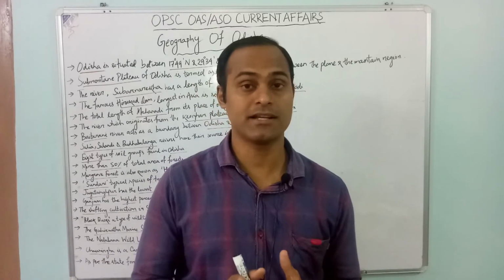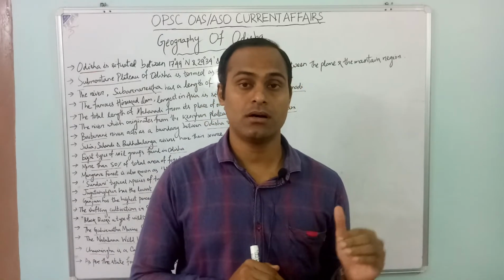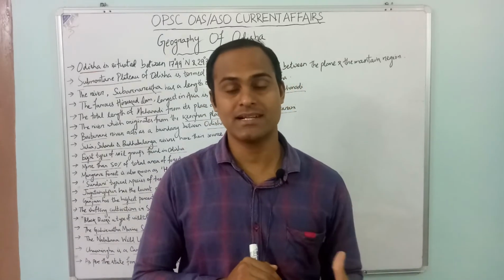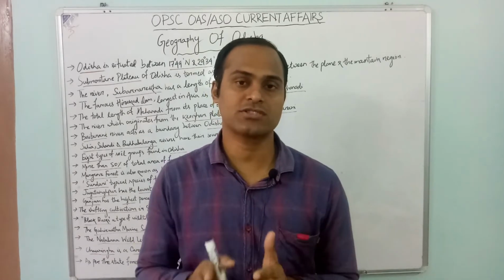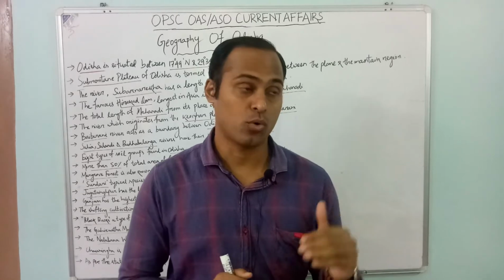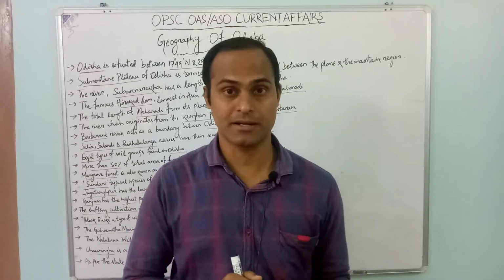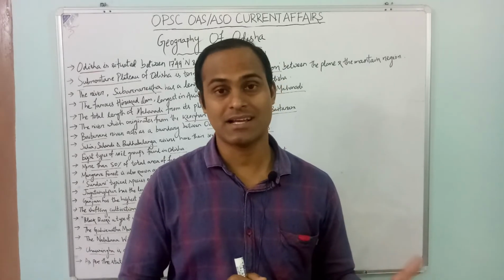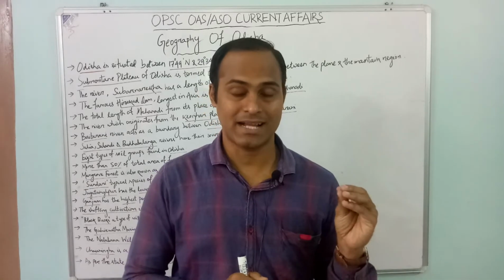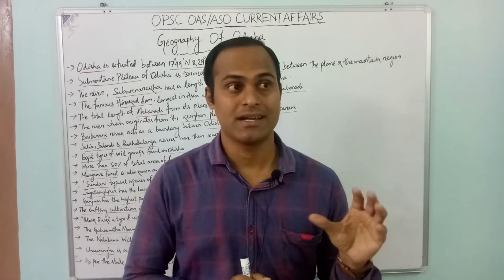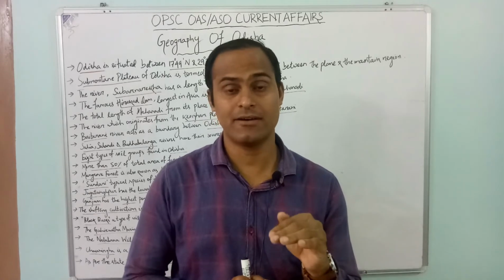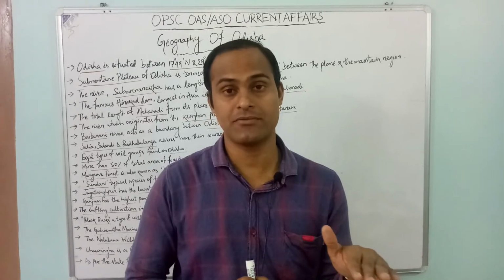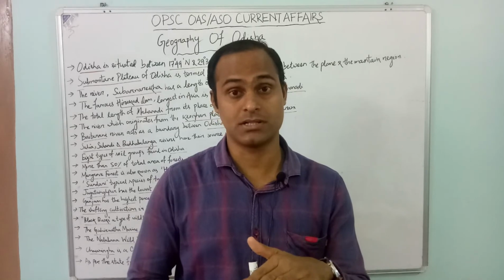There is a national-level report in which India's total forest cover is supposed to be 33%. Odisha has more than 33%, that is 37.34%. But in the national average, it lies somewhere around 21%.